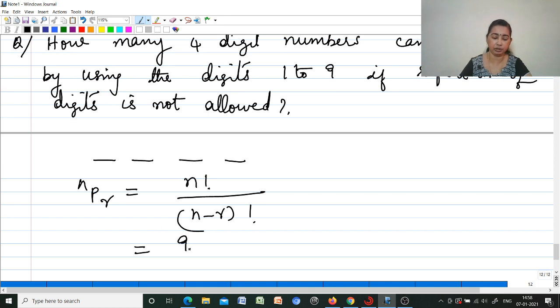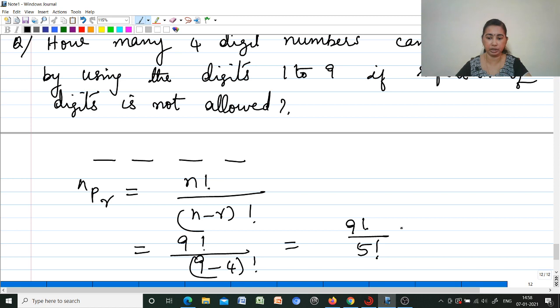So 9 factorial divided by 9 minus r. r is 4, as we have to make 4-digit numbers. So 9 minus r means 9 minus 4 factorial. That is equal to 9 factorial by 5 factorial, or it is equal to 9 into 8 into 7 into 6. How much is that? 3024 is the number of 4-digit numbers we can make using 1 to 9.